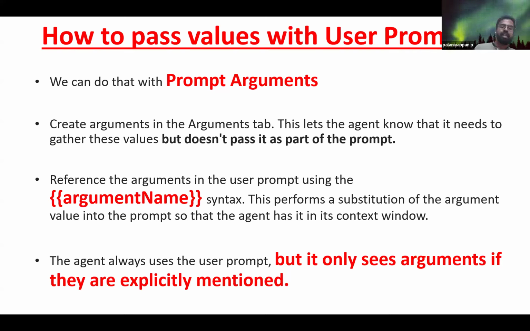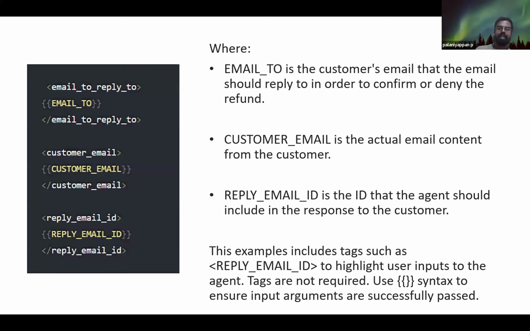So you saw the syntax in the previous slide itself, but the catch here is that the agent always takes the user prompt as natural text, but unless you highlight that argument, it will not be considered by the agent. As simple as that. You have to explicitly mention the arguments. Here is a quick example.